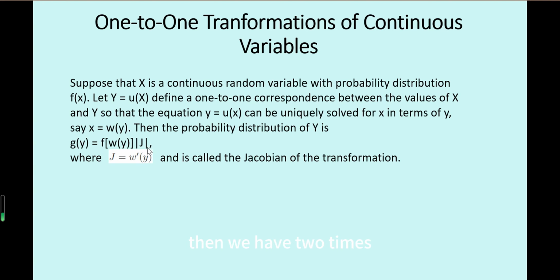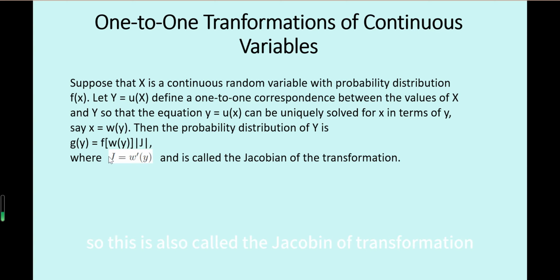Then we multiply by the absolute value of a matrix called J. This J is the derivative of w(y). So w(y) is the inverse function of x in terms of y, and from this function we have to calculate the derivative of x in terms of y.